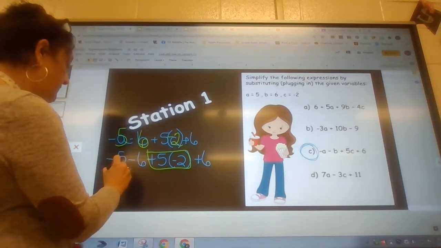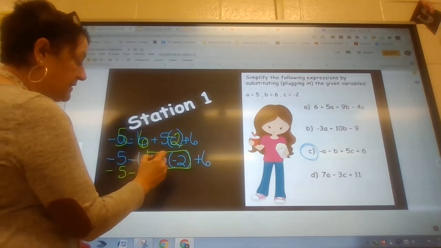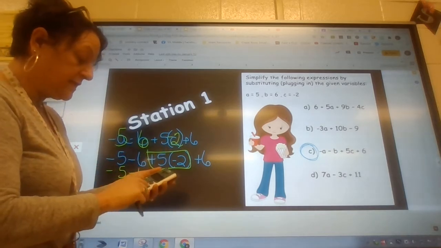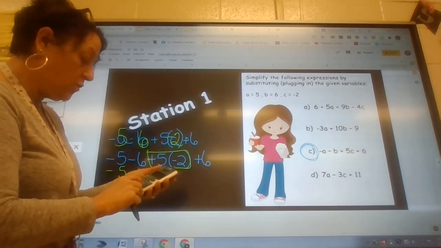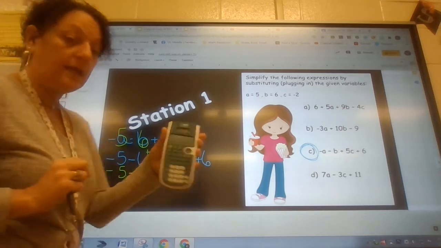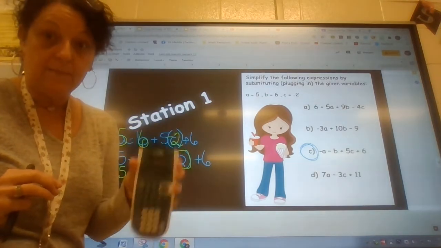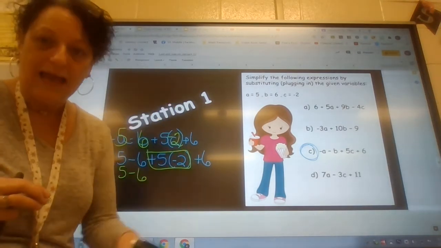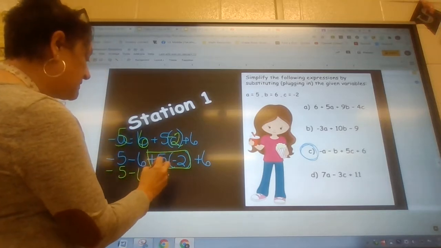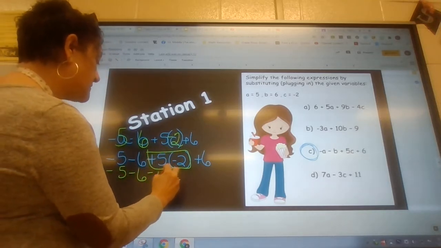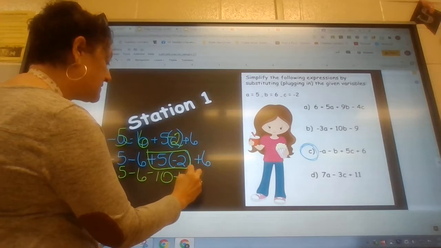So I've got -5 minus 6. And then I'm going to literally put this in the calculator, even though I think I know what it is. I'm going to put it in the calculator to make sure I get my integer sign right. So 5 times -2 is a -10 plus 6.